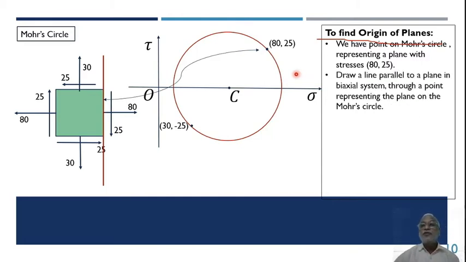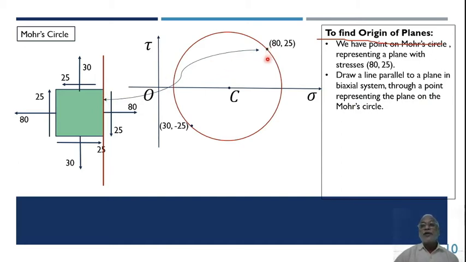Now what is to be drawn? Draw a line parallel to the plane in the biaxial system, through the point representing the plane on the Mohr circle. So this plane is represented by which point? That point.